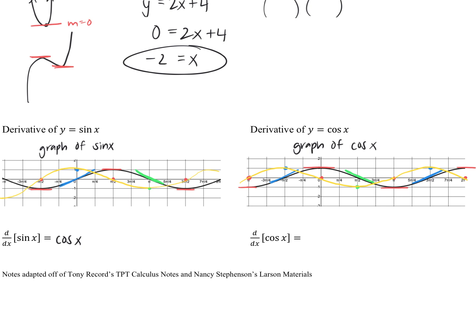Which means if I was writing that as a transformation, where would the negative go? With the x or outside of the x? Outside the x. So the derivative of cosine is negative sine of x. You were close. You were kind of right, but you weren't quite right. Okay? You think it's going to be the opposite, but it's not. Okay, now we can actually go to the other notes so that we can finish those up.